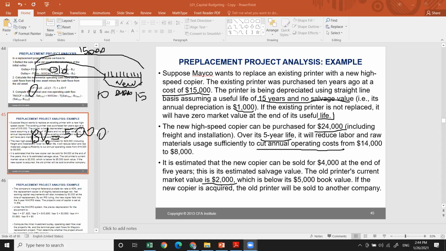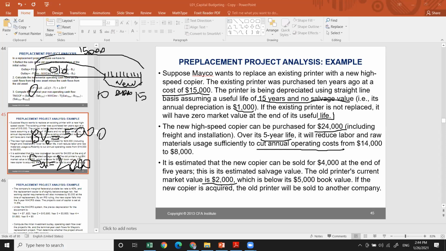Now, book value is 5,000 for the old one, but the salvage value of this equipment is 2,000. What do you think? Do we have to pay tax when we sell it for this? No. We should have a tax subsidy.